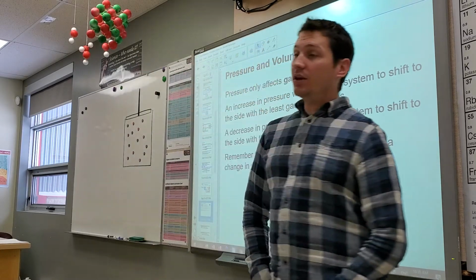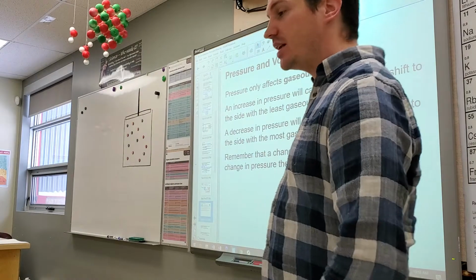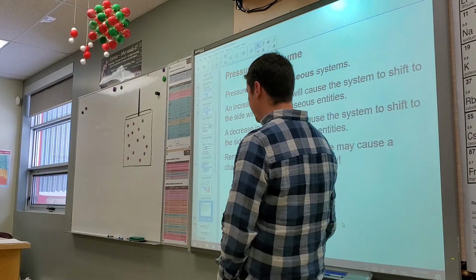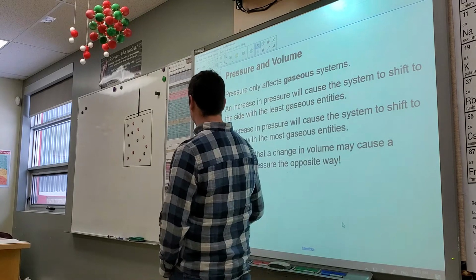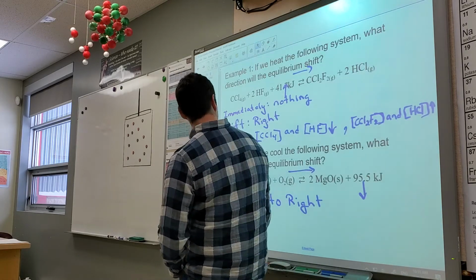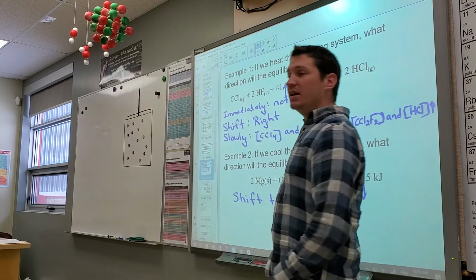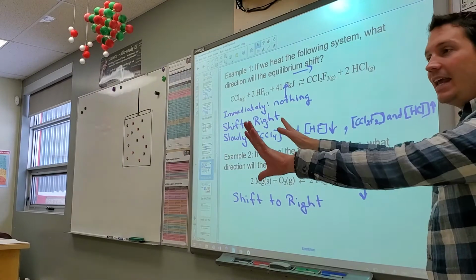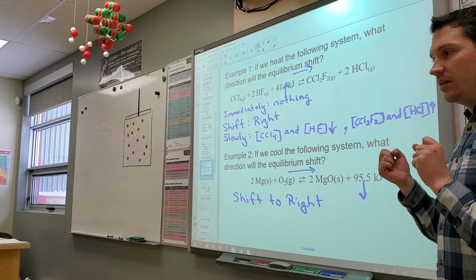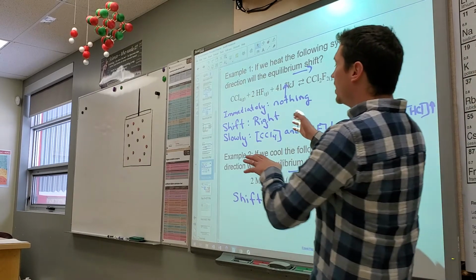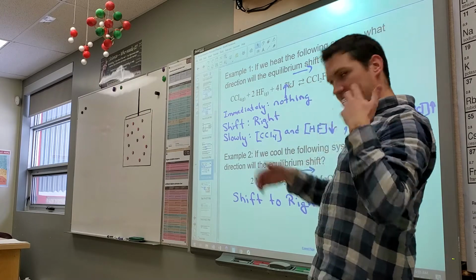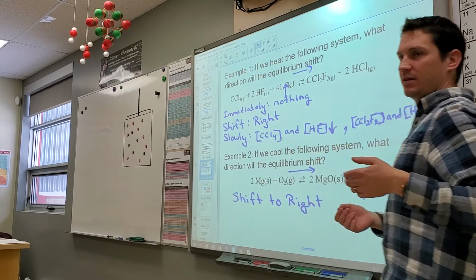We are looking at our 15.2 Le Chatelier's principle. Does this idea of adding or taking away something and then the equilibrium shifting to either use it up or replace it kind of make sense?